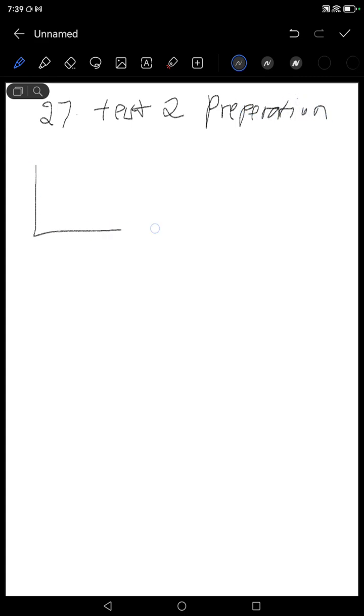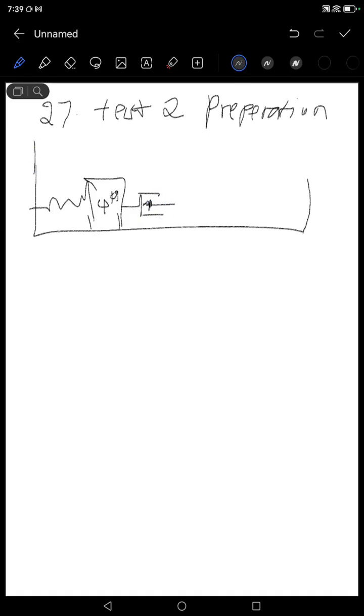Okay, we have this diagram like this, where we have a spring, we have a mass of 4 kg, we have a damper, and then we also have another damper here. Then we have another mass of 4 kg, and then we have a spring.